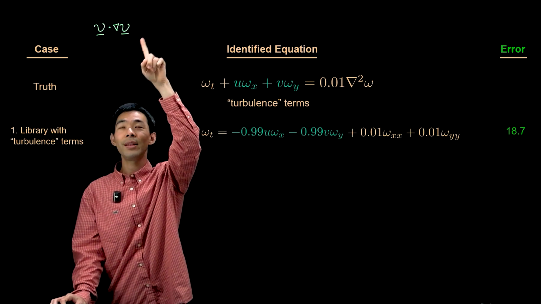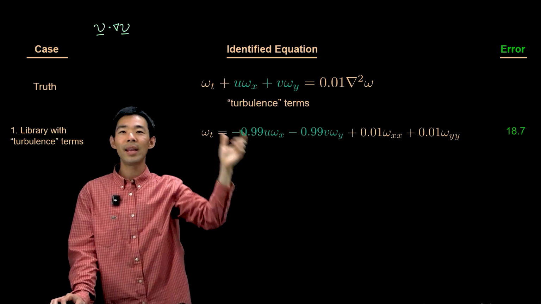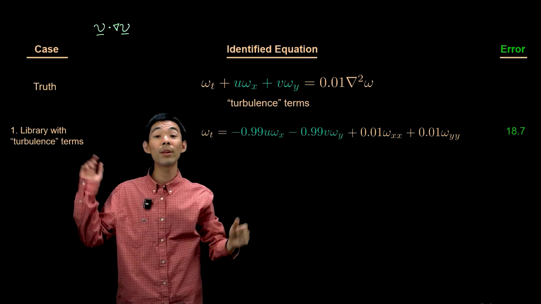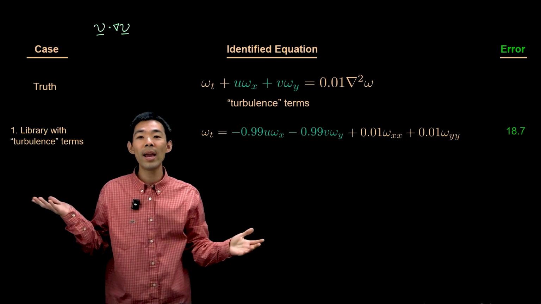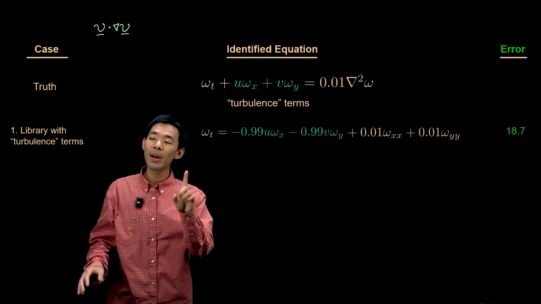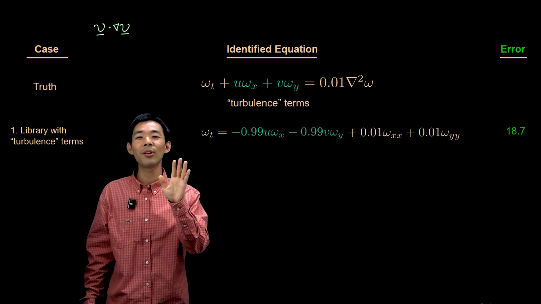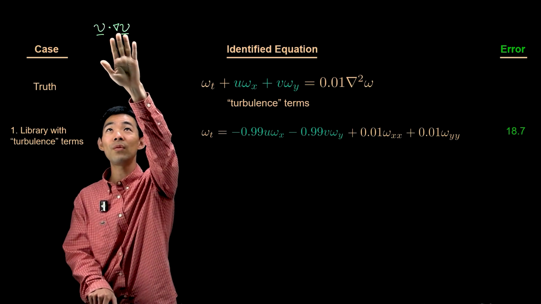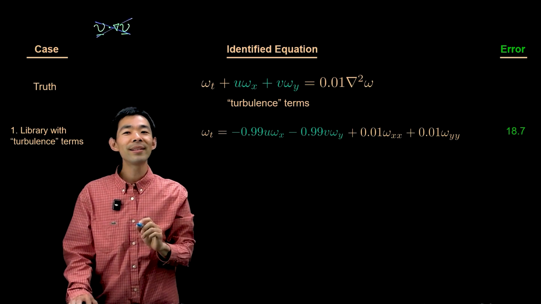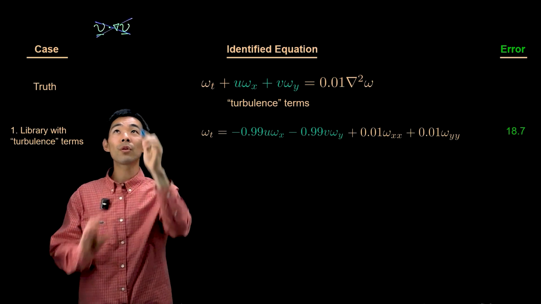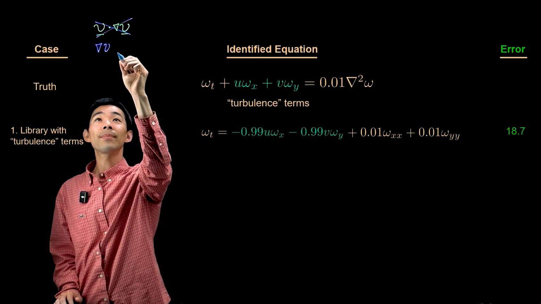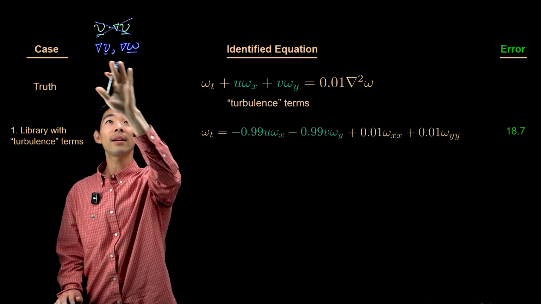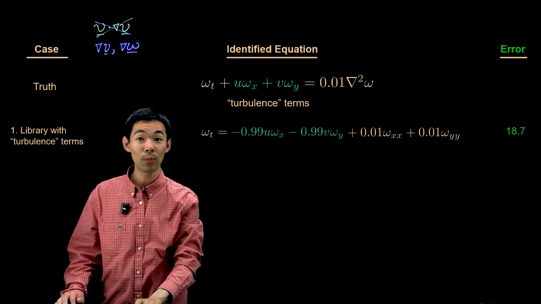Obviously, if the library was missing this term, then it can't find these two terms that I drew in cyan, which came from the original library. So it has no way of obtaining those terms. But I thought, well, maybe that's doing a little bit too mean of a job. Let's supplement by removing this, but instead adding gradients of V, gradients of the vorticity, and products of those two.